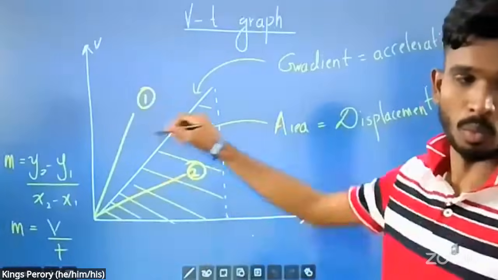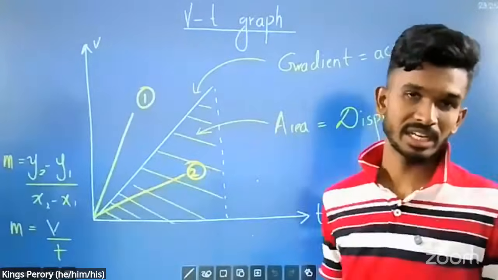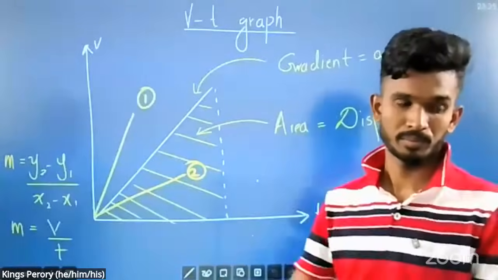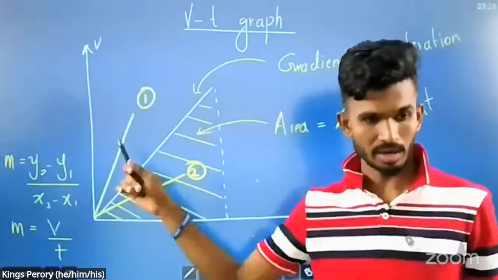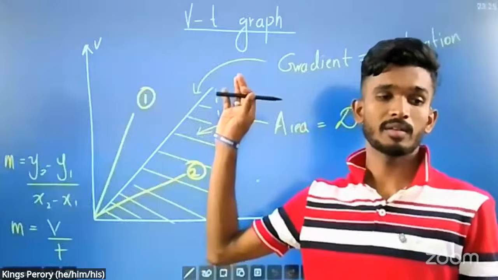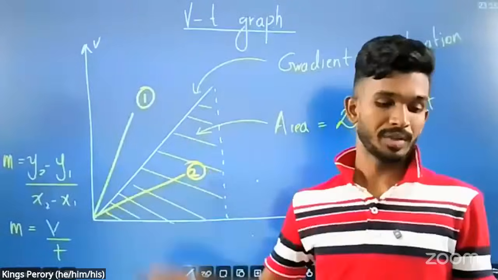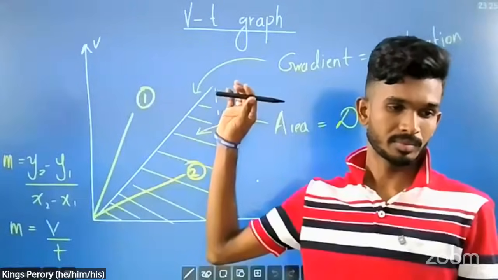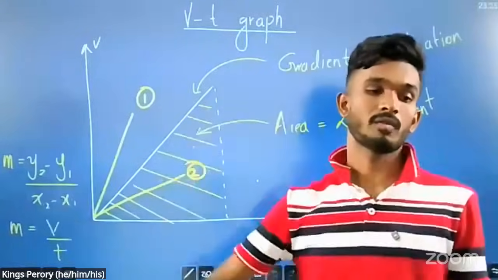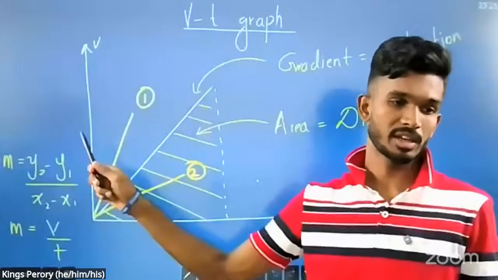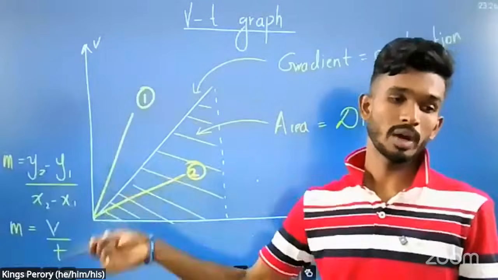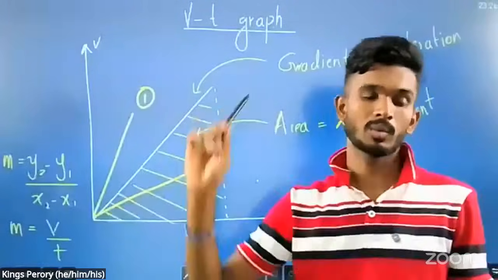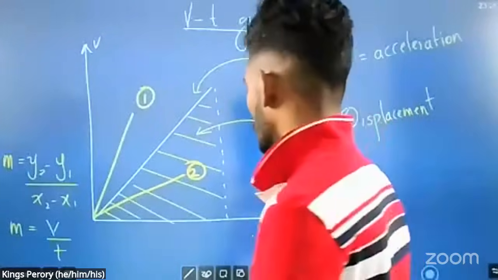So here, 1 and 2, which one's gradient is high? Which one's slope is high? Which one's velocity high? Again, 1. Slope is high in 1, gradient is high in 1, velocity high in 1. Right? Think about this.